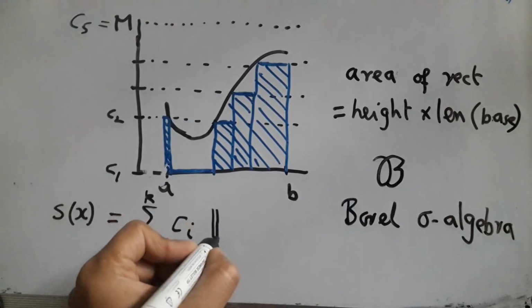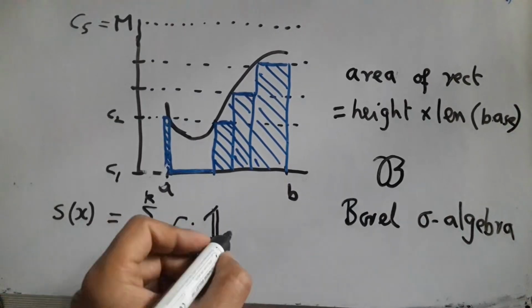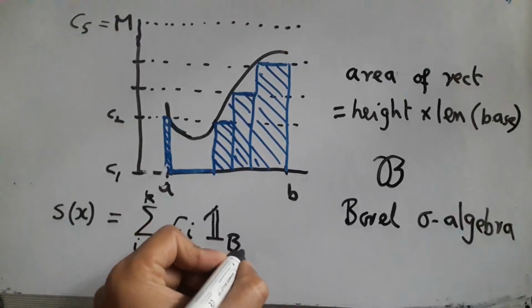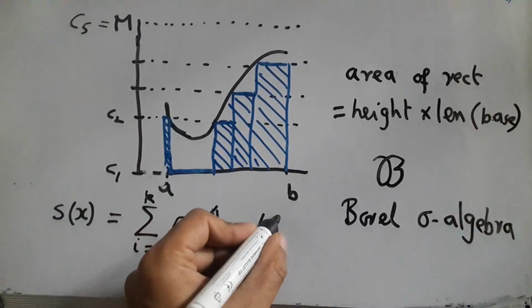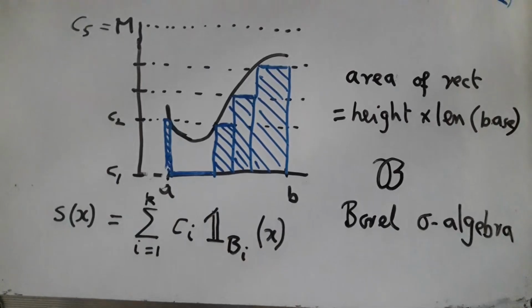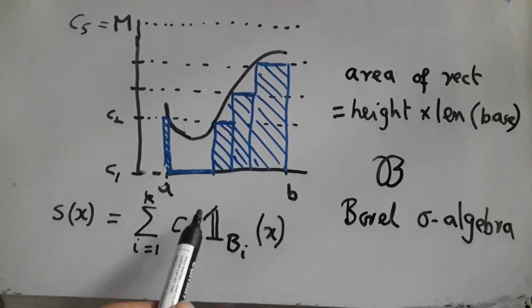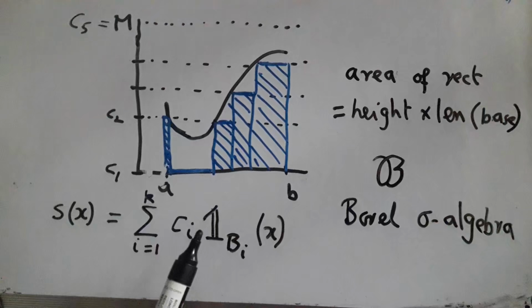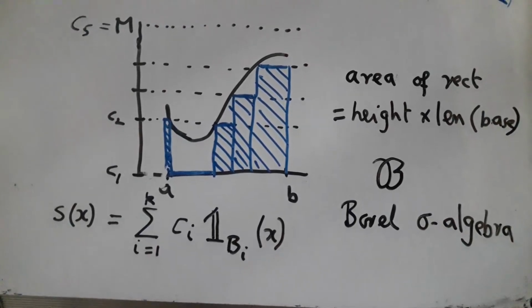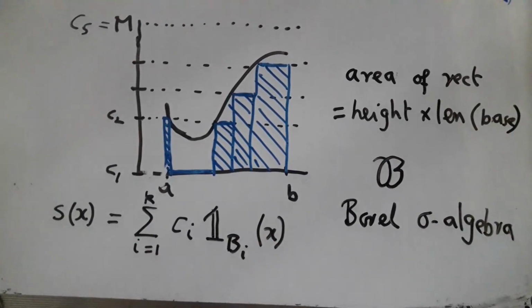I will use the indicator function notation 1 subscript b_i of x. Let us understand what this means. This function is equal to 1 if x belongs to b_i and is 0 if x does not belong to b_i. So when I do this sum, you take x.